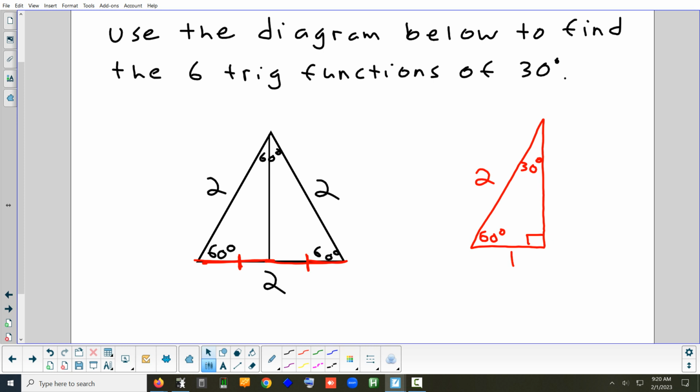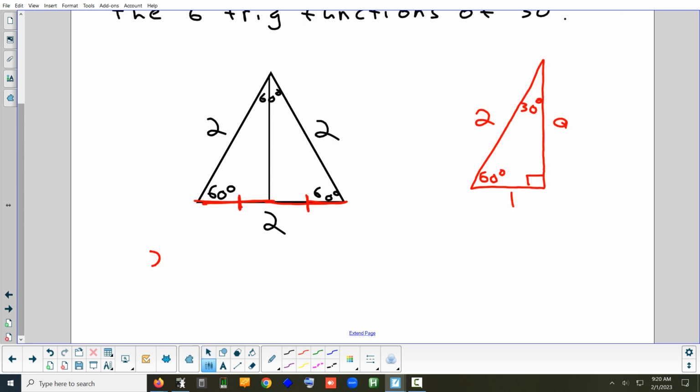And now we can get the height. That's the line we just drew. By using what theorem? Yep, we can do Pythagorean theorem. So we call it A for a minute, but we're going to replace that with a value. So we've got 2 squared equals 1 squared plus A squared.